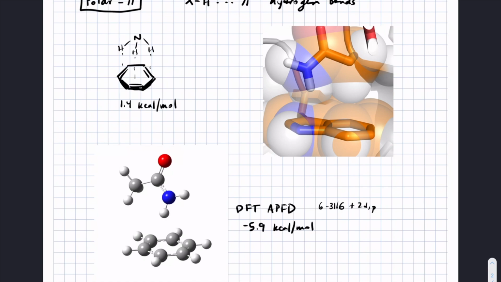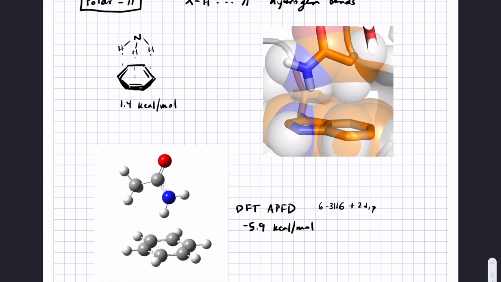Okay. Questions about non-covalent interactions? I don't have much to say about the induced dipole type interactions, other than that their distance dependence is really, really tight.